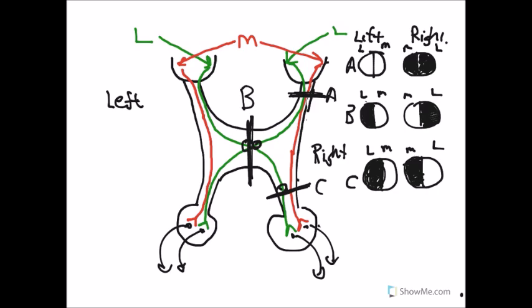Contralateral because it's on the opposite side. The damage is on the right, so we have loss of vision to our left. Homonymous, it's on the same side. Hemianopia, we've lost part of our vision. So tunnel vision results from damage to the fibers crossing the optic chiasm. And if we also damage, guys, the left optic tract, we would be having the opposite problem here.